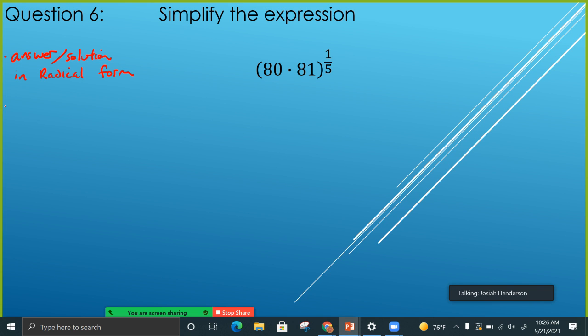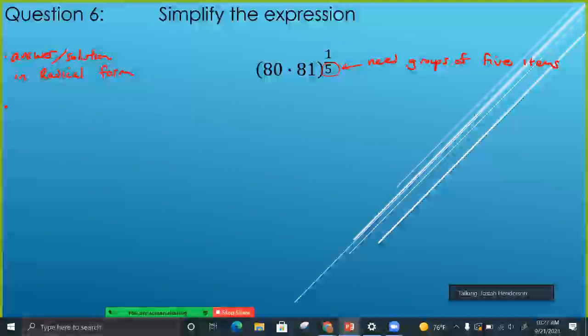However, we also want to simplify as much as we can, and that means breaking down the 80 and the 81, and then looking for groups of 5 items, because this is a 5th root. So we need groups of 5 items to simplify, meaning like 2 to the 5th power or 3 to the 5th power or something like that.